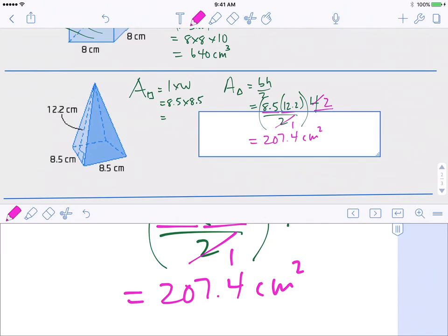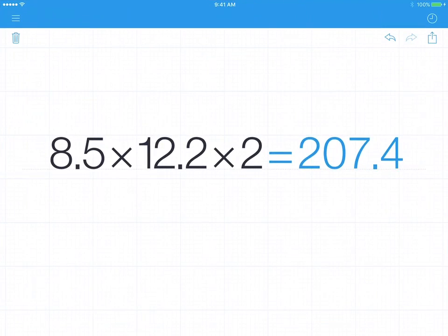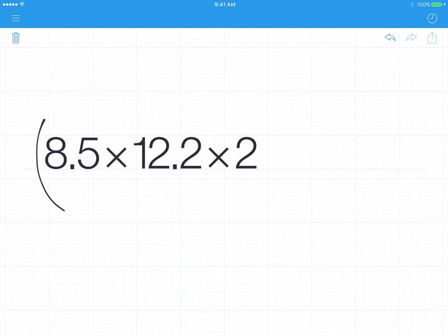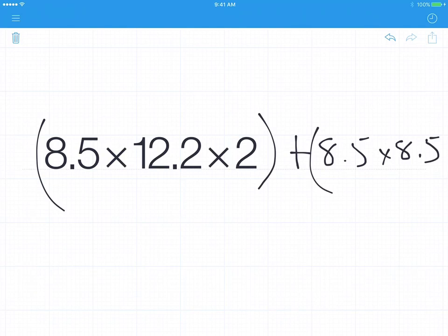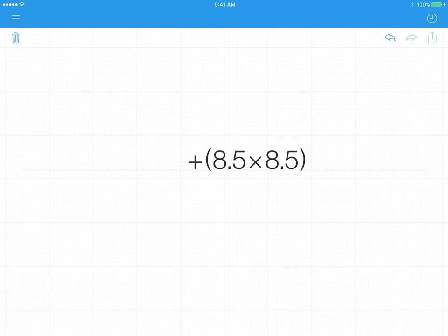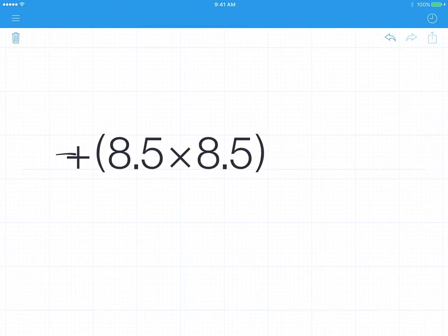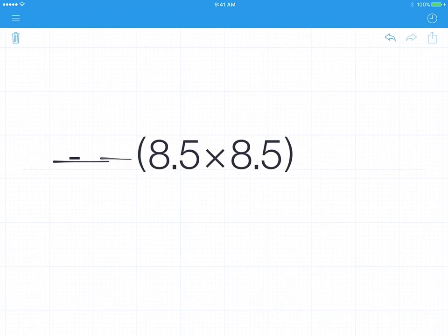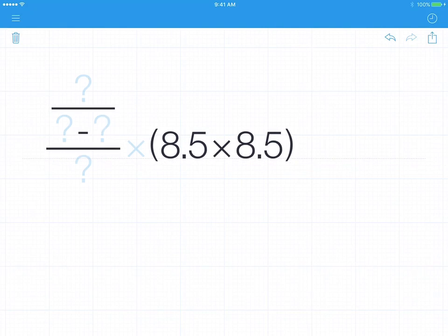And then we have to calculate the area of the base, and then we can say all this plus 8.5 times 8.5, and that's 279.65. Trying to erase that.